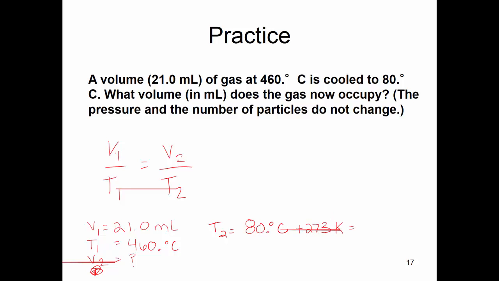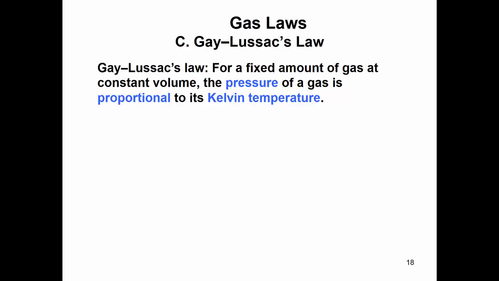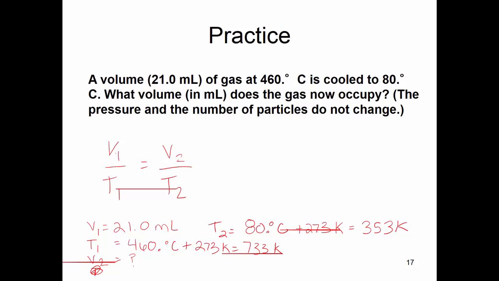So 80 plus 273 is 353, and 460 plus 273 is 733. Okay. Now we're looking for V2.